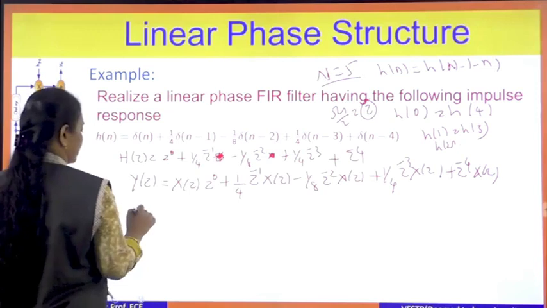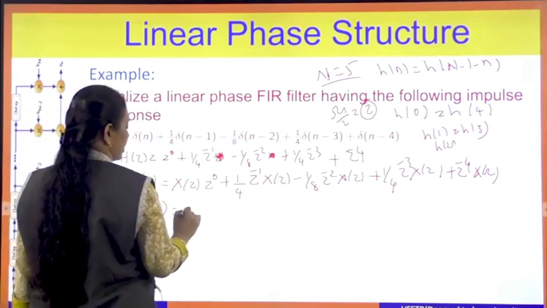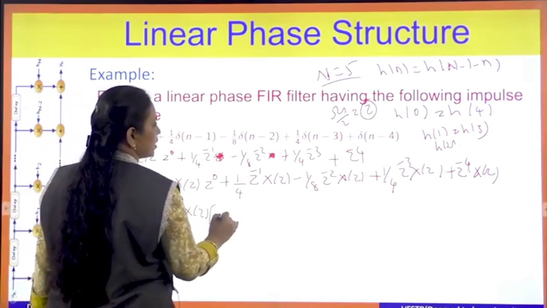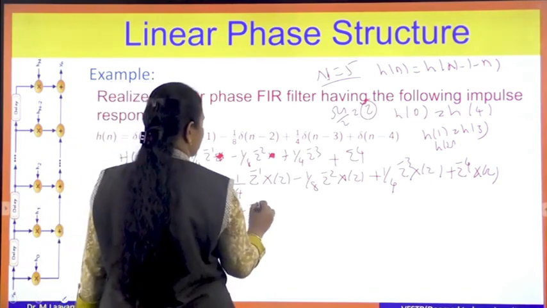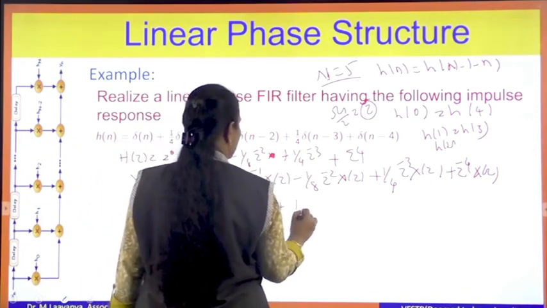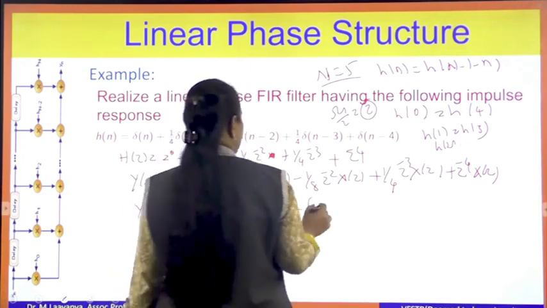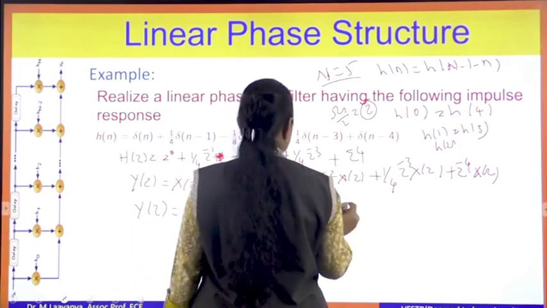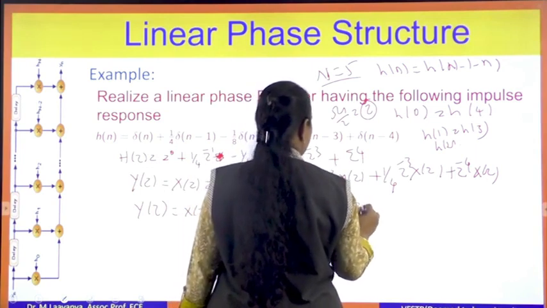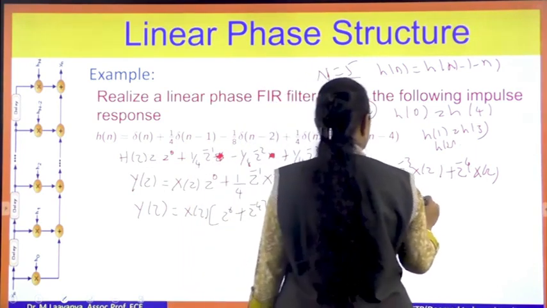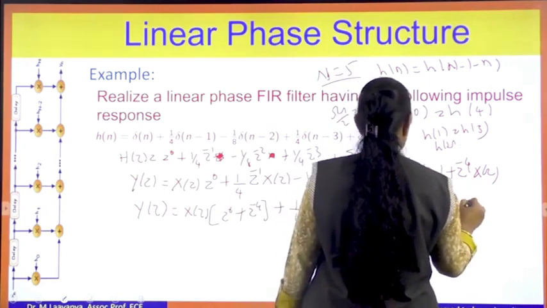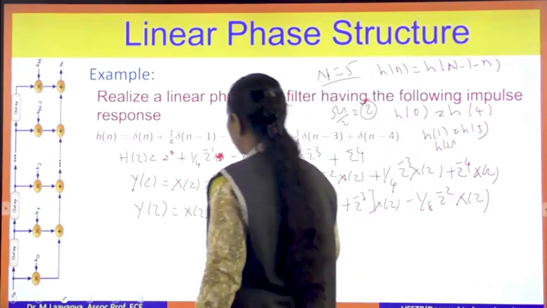So if I take and write, I will take x of z power 0 and z power minus 4. Again 1 by 4 z inverse and z power minus 3 and minus 1 by 8 z power minus 2. That is my center of symmetry.